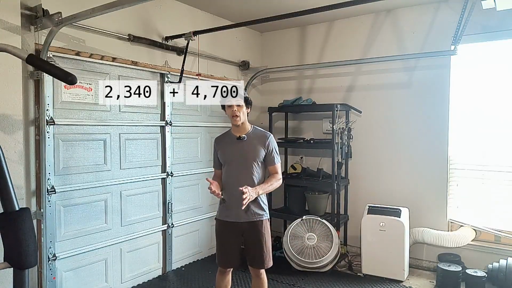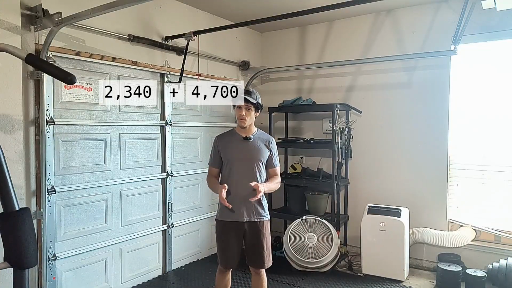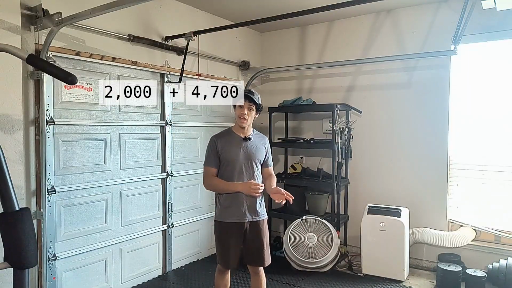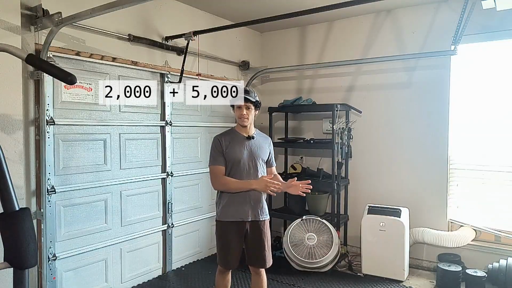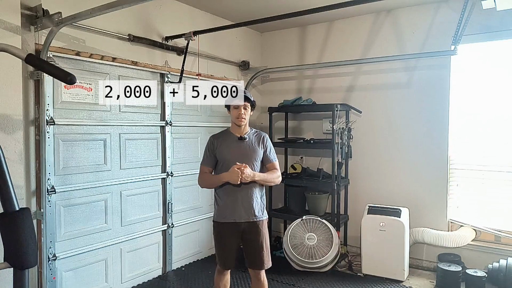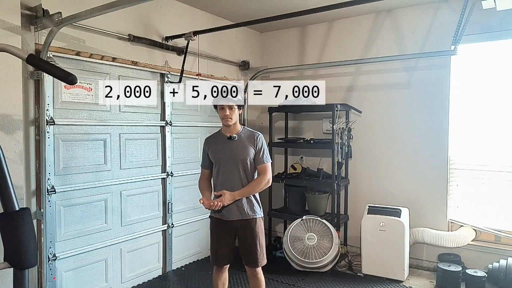Okay, but first I want you to round them. Okay, so 2,340 rounded to the nearest thousand is 2,000, and then 4,700 rounded to the nearest thousand is 5,000. And then I want you to add them together, which adding those two numbers together would be 7,000.